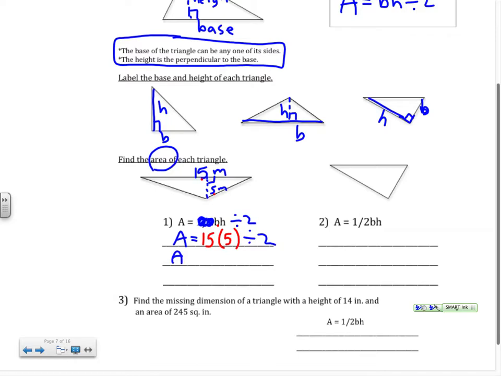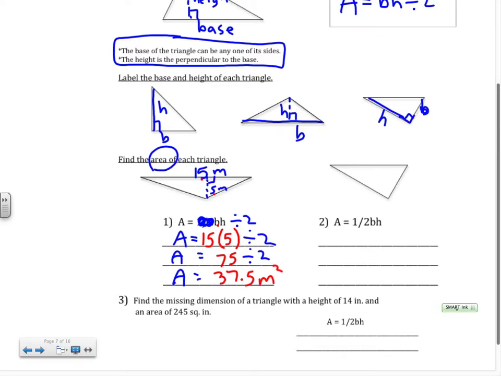So first we have to multiply 15 times 5, which is 75. And then we're going to take that 75 and divide it by 2. So what is 75 divided by 2? It is 37.5, and our units are meters squared.